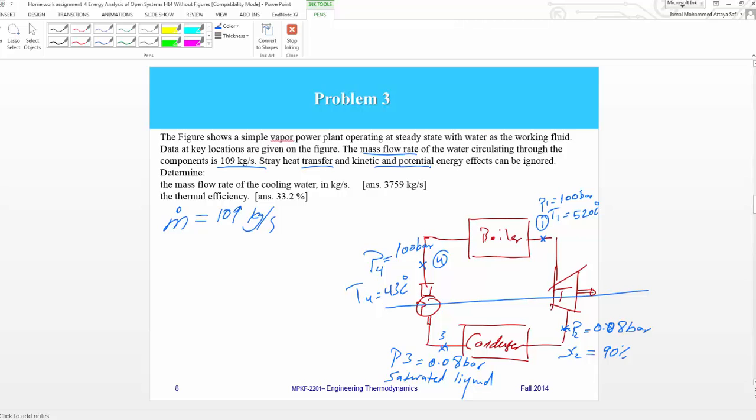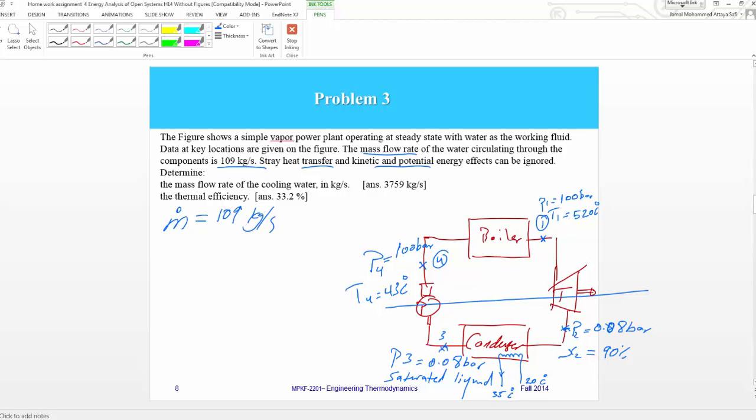Determine the mass flow rate of the cooling water, which is in the condenser here. You have the cooling water coming in like the previous problem, coming in with the temperature of 20 and leaving at a temperature of 35.